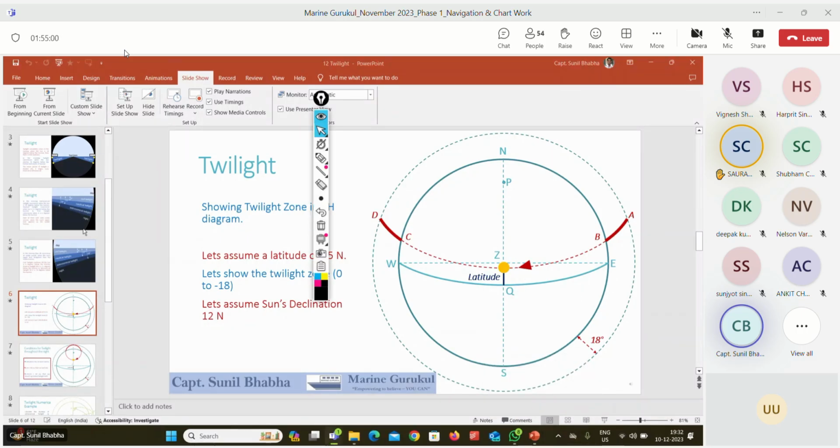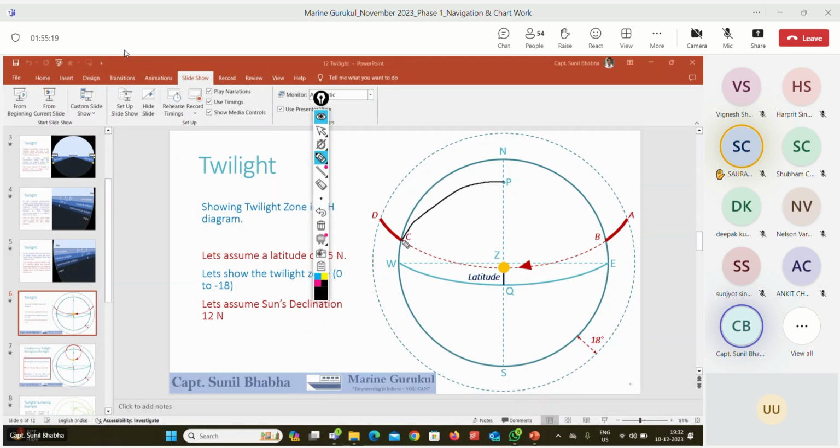So now if you want to show it here, it would be something like this. Let us say the sun is at point C. Let's make the PZX triangle.